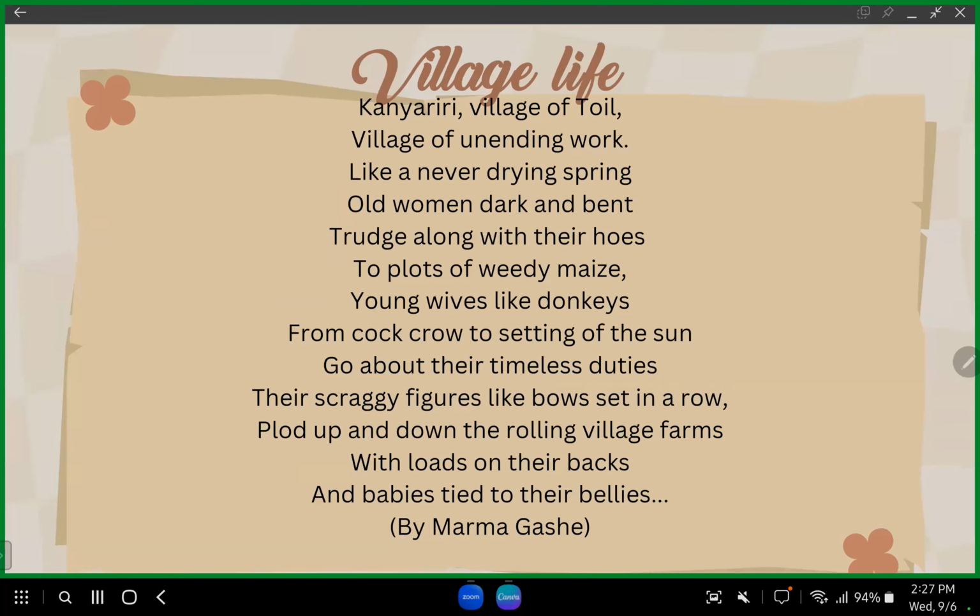Young wives like donkeys, from cockcrow to setting of the sun, go about their timeless duties. Their scraggy figures like bows set in a row, plod up and down the rolling village farms with the loads on their backs and babies tied to their bellies. By Mama Gashi.